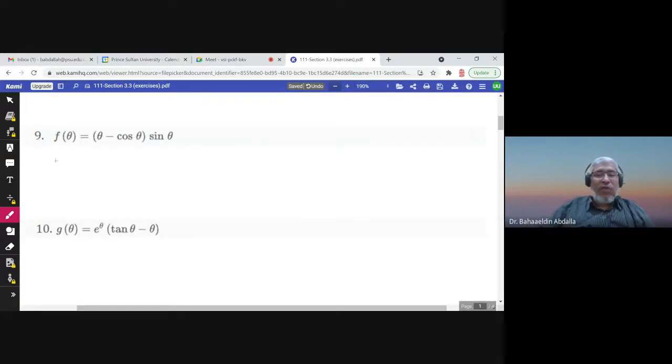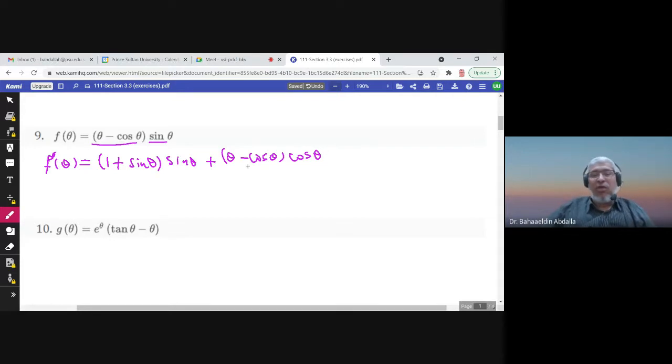Well, here f prime would be, again, I have a product between two functions, this parenthesis multiplied by sine theta. So I'll use the product formula. The derivative of theta is 1, the derivative of cosine theta is negative sine theta, so this would be positive, times sine theta, plus theta minus cosine theta times the derivative of sine theta, which is cosine theta.